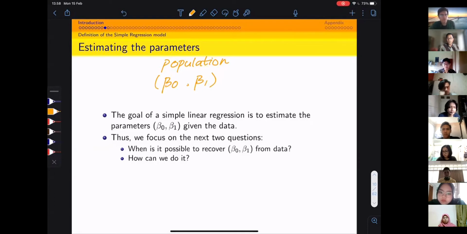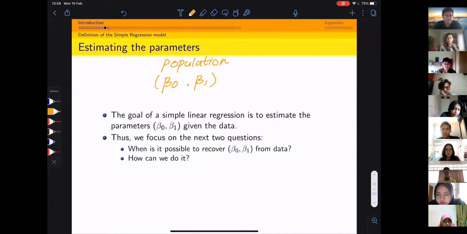Beta 0 and beta 1 are something that we don't know. So this is unknown. And so what we want to do is recover beta 0 and beta 1 from the data. So the big question is, how can we recover beta 0 and beta 1 from the data?